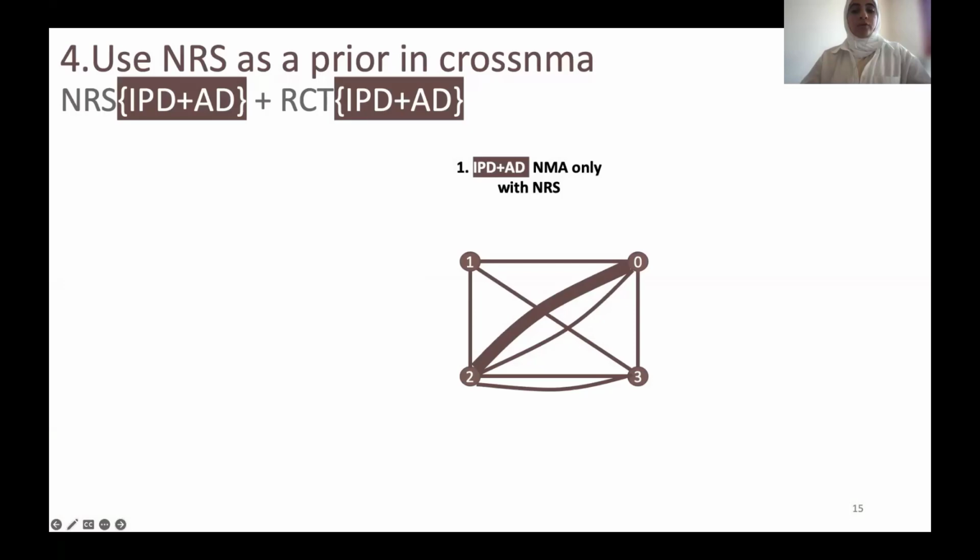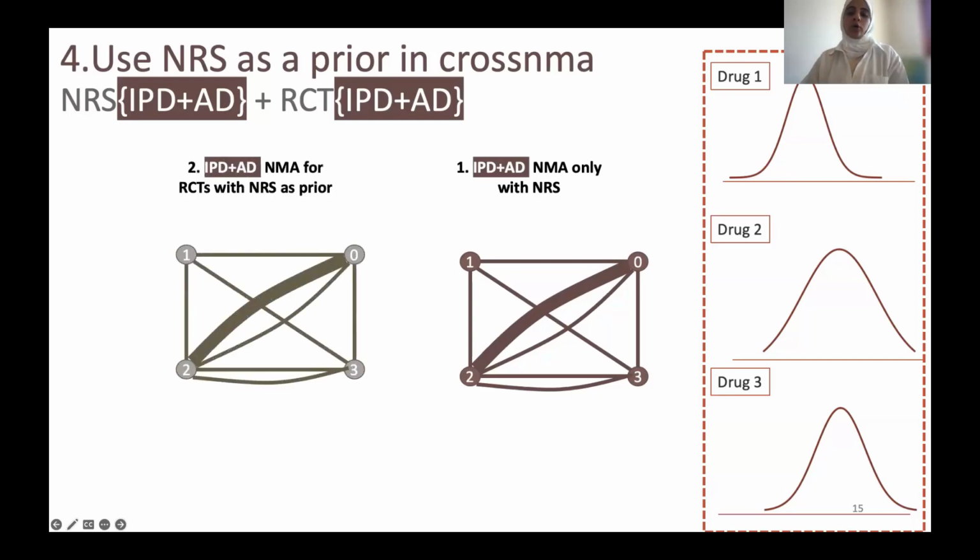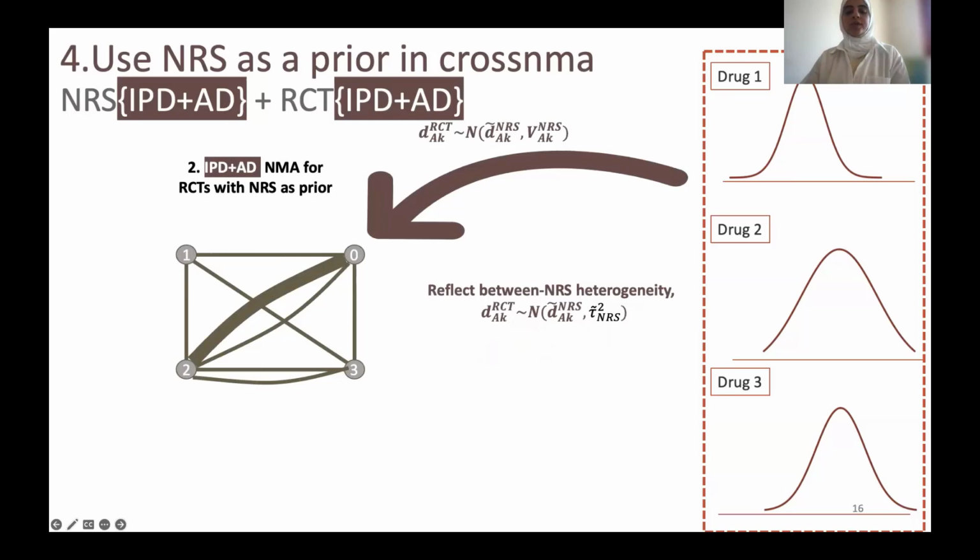Then we get from this analysis the posterior distribution of each relative treatment effect, and then we conduct network meta-analysis or meta-regression for clinical data. And we use in this model the posteriors from the NRS analysis as priors for the basic parameters in the RCT model.